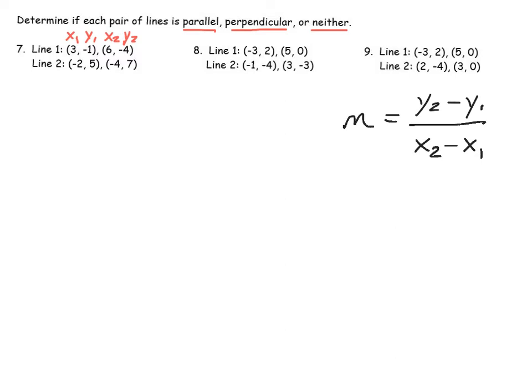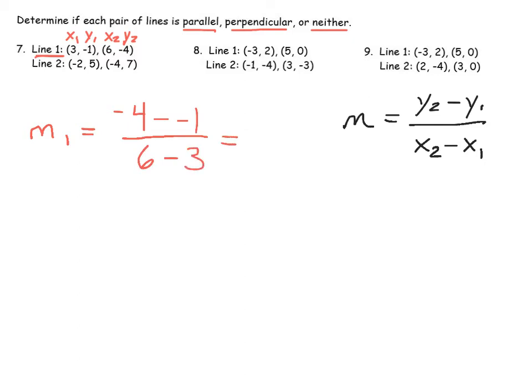So we'll start off with line 1. It looks like our y2, say the slope of line 1, our y2 is negative 4 minus negative 1 over x2 minus x1.